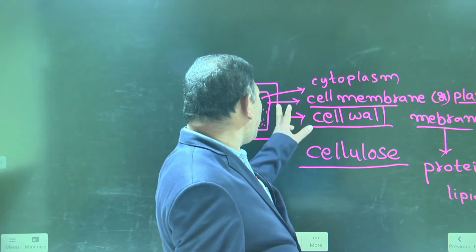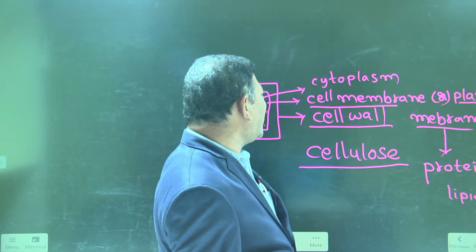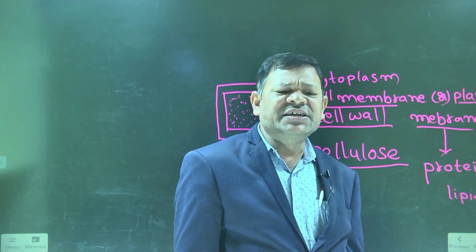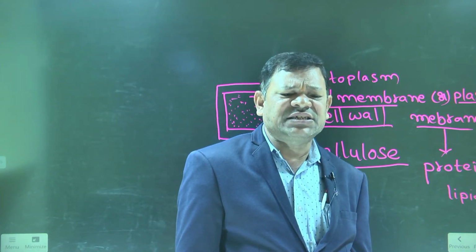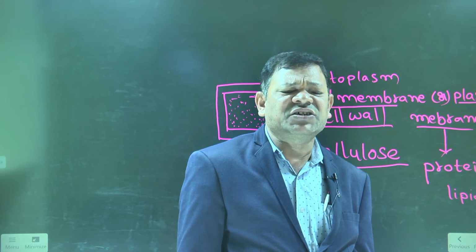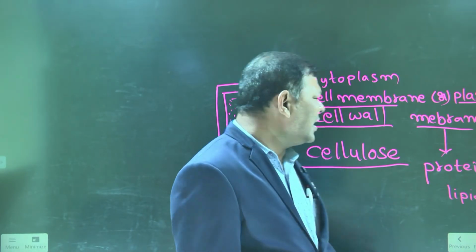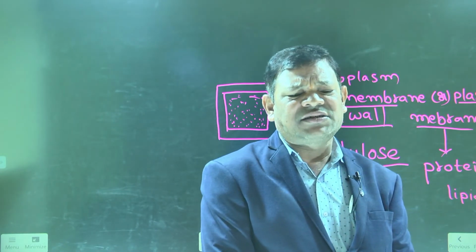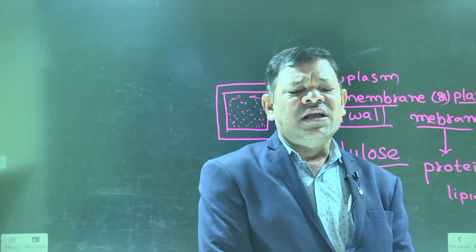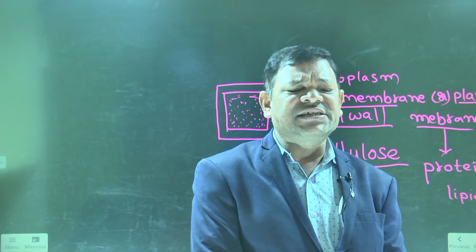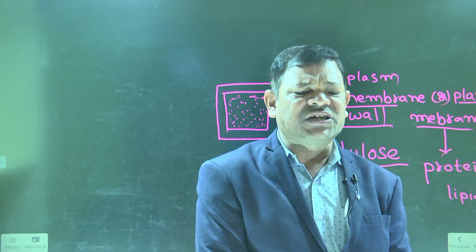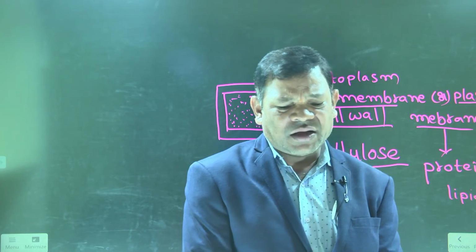The cell membrane in the animal cell, and the cell wall in the plant cell, give the definite shape, structure, and function of the cell.